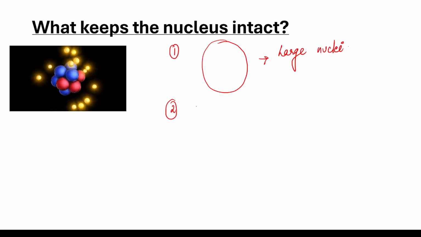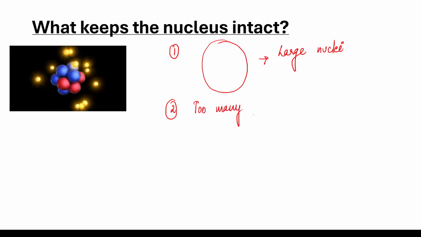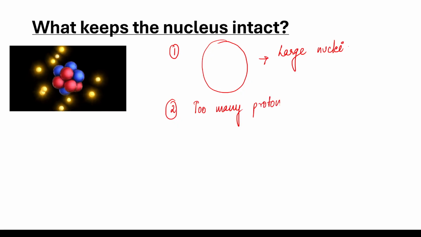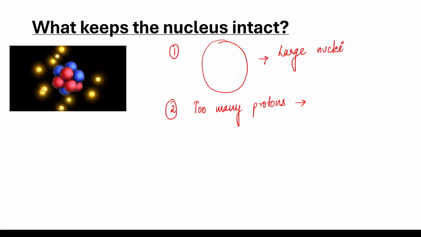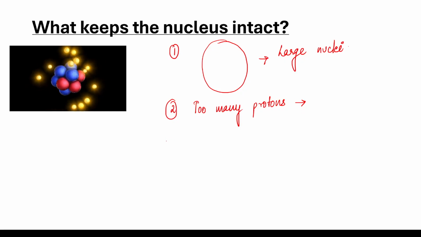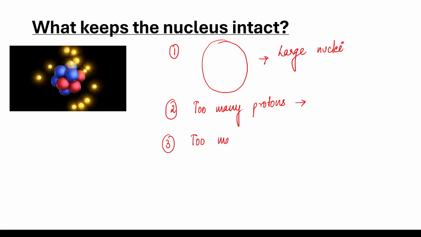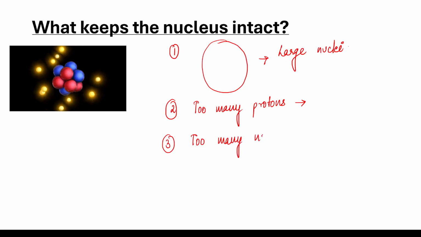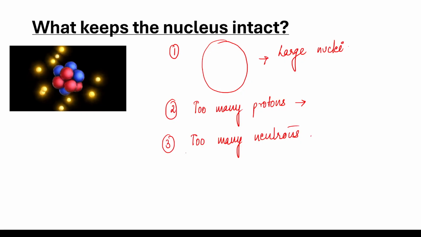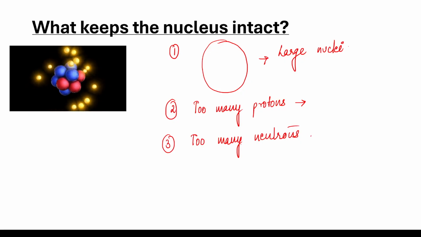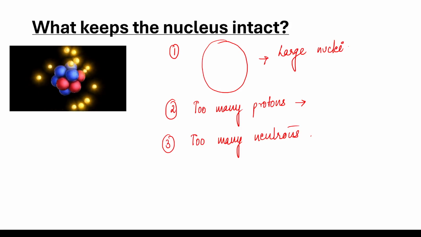Sometimes it has too many protons, so again the electrostatic repulsion force dominates, and then again the nucleus becomes unstable. Third, sometimes if it has too many neutrons, the nucleus becomes heavy, and then also the nucleus becomes unstable. So if it is large, too many protons, too many neutrons.